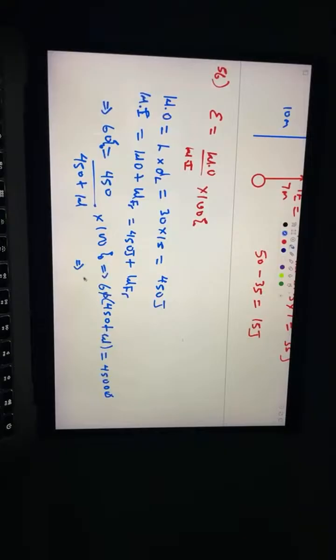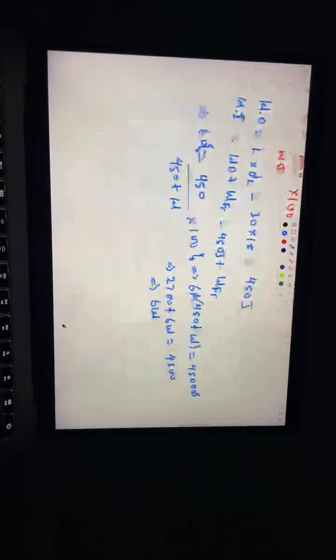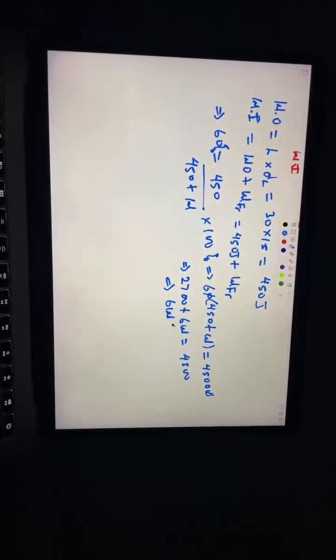So 2,700 plus 6W equals 4,500. That implies 6W equals 4,500 minus 2,700, which is 1,800. So W is 1,800 divided by 6, that's 300.